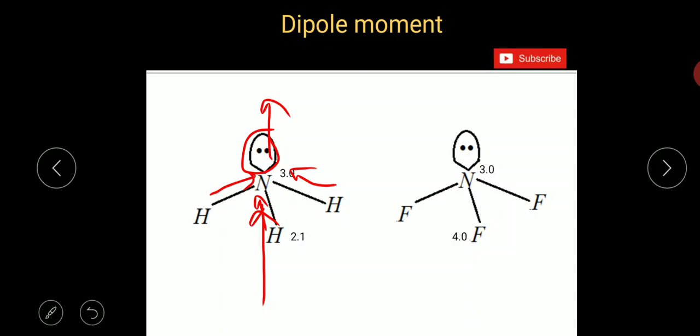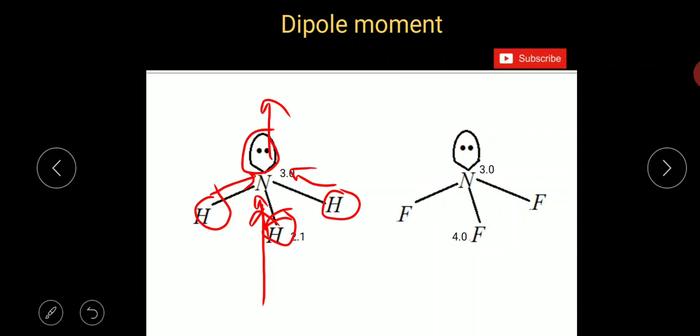Now you can see both dipole moments are in the same direction: the resultant dipole moment of the three bonds and the dipole moment of the lone pair.